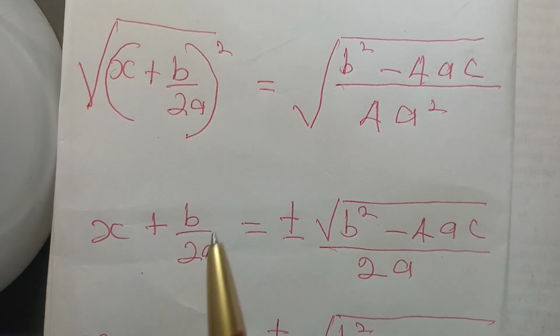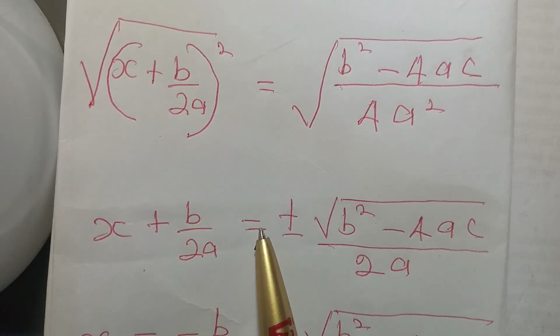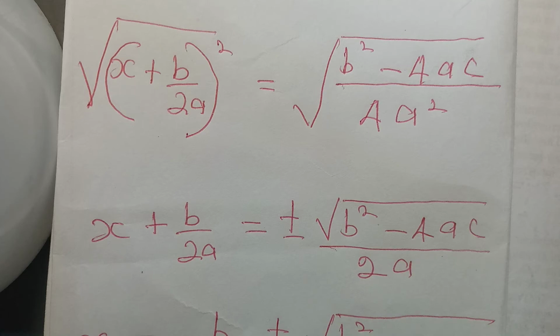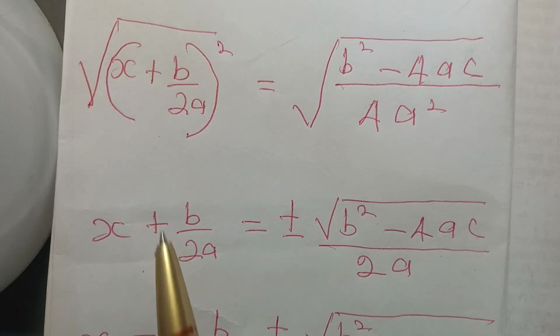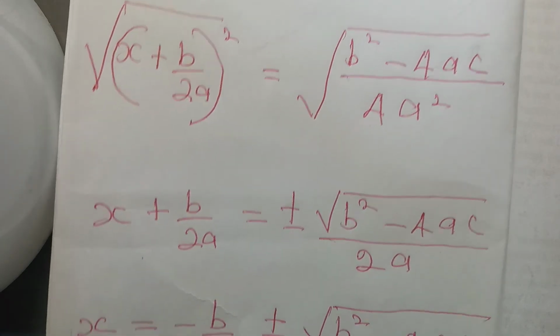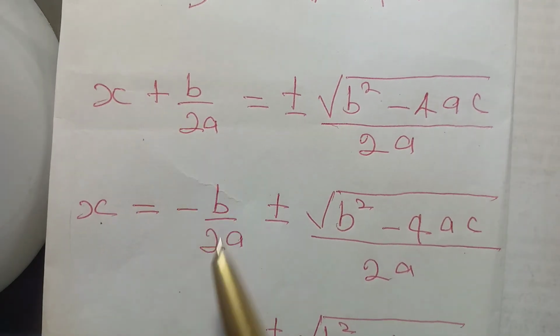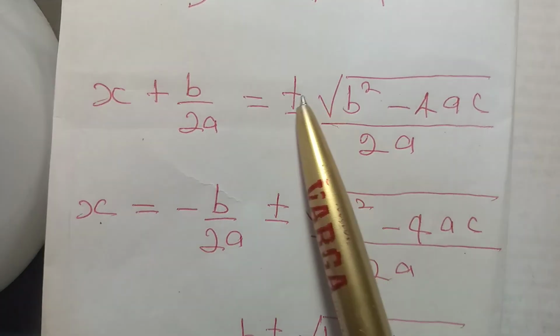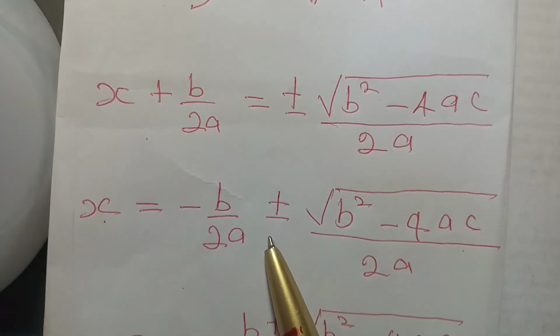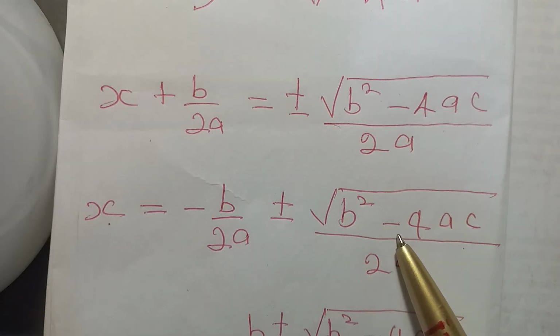Then to get x, you transfer this term across the equality sign to your right. And when you do that, this addition will change to subtraction, as you can see here. This addition sign will change to subtraction. Then this plus or minus sign will still remain here. Then you bring this term down.